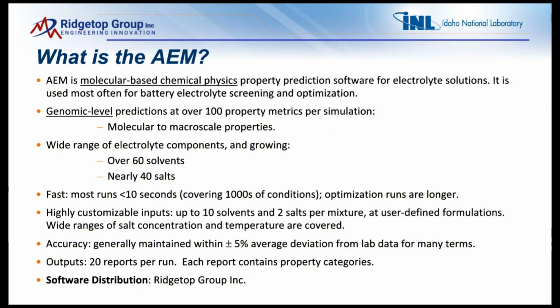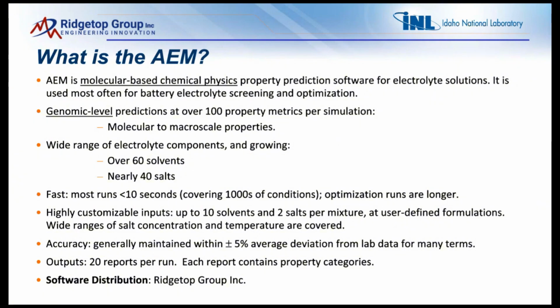So salt concentration, generally, you can go up to about 5 or 6 molal for organic type systems, and up to around 15 molal for aqueous electrolytes. The model generally tries to maintain about plus or minus 5% average deviation from lab data. That sometimes depends on which metric you're looking at.